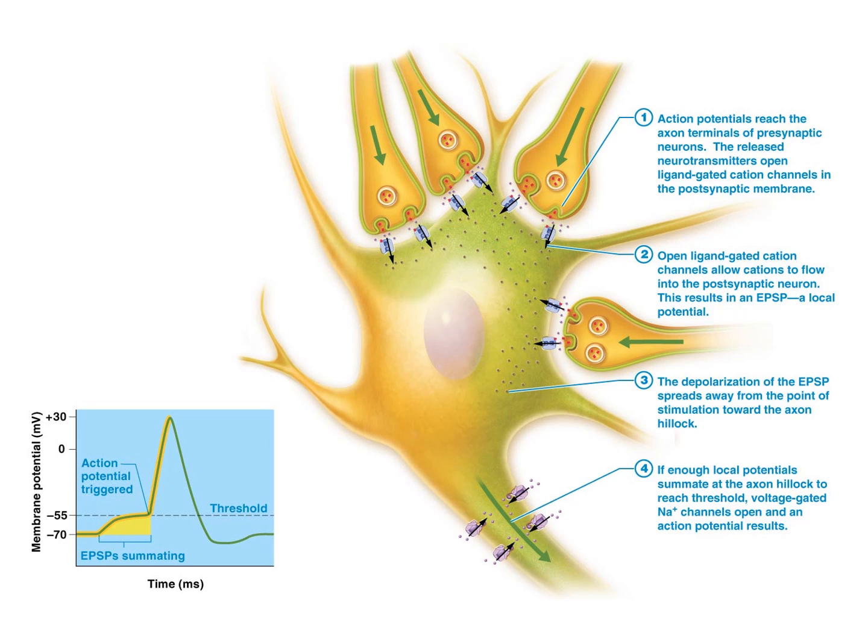Here we have the EPSPs summating. By themselves, perhaps neither of them will be enough to reach threshold, but working as a team, all 4 together may summate their EPSPs to reach threshold and we get an action potential. So this is summation.